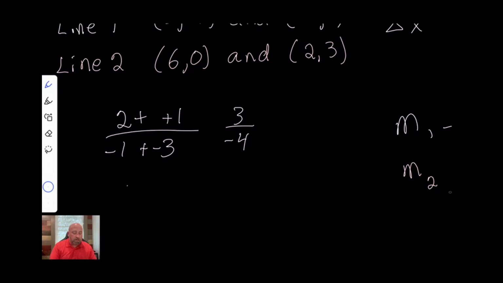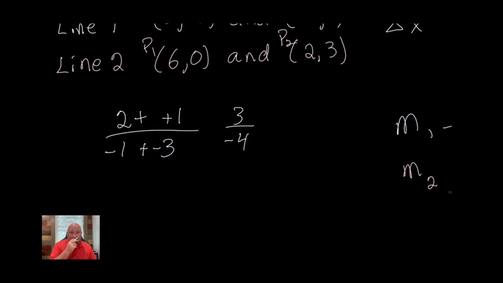Change the color here so you could see it. And we have, we'll use these points. So point 1 and point 2. Same exact thing, only now we're using the second line. So we'll do the same thing.